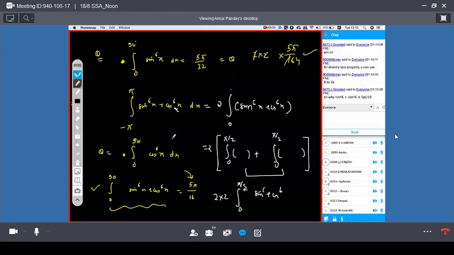Okay, Ganesh. Abhinav says 0 to 2a. So 2a is pi. But where is 0, beta?